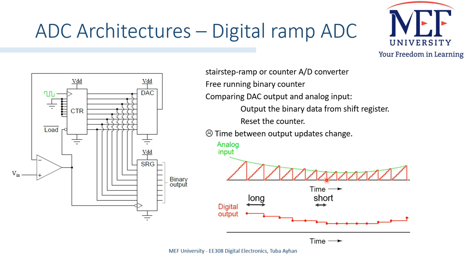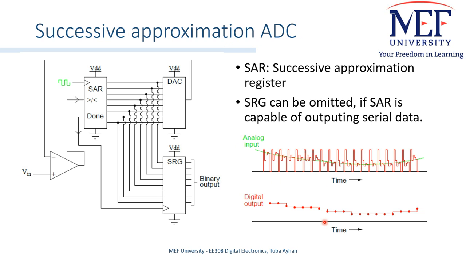If it is low, then we can find the value with a few iterations. So the time difference between two consecutive outputs is not equal. So we have another architecture to solve that timing problem.